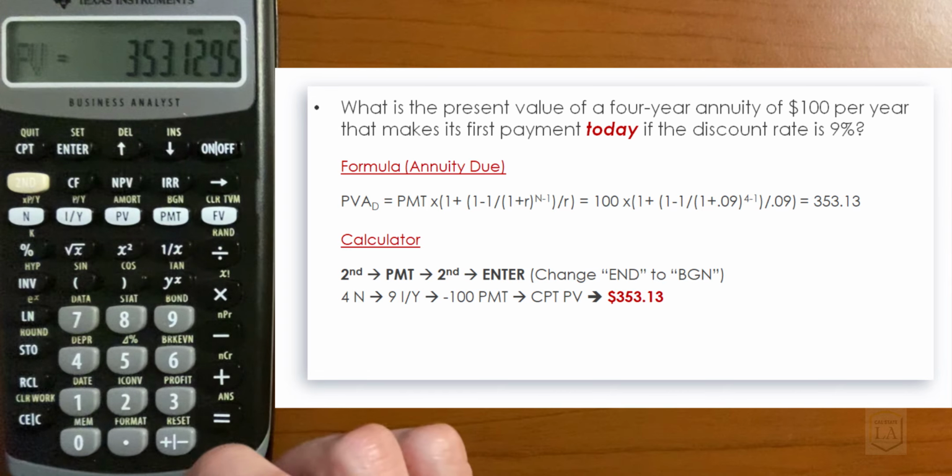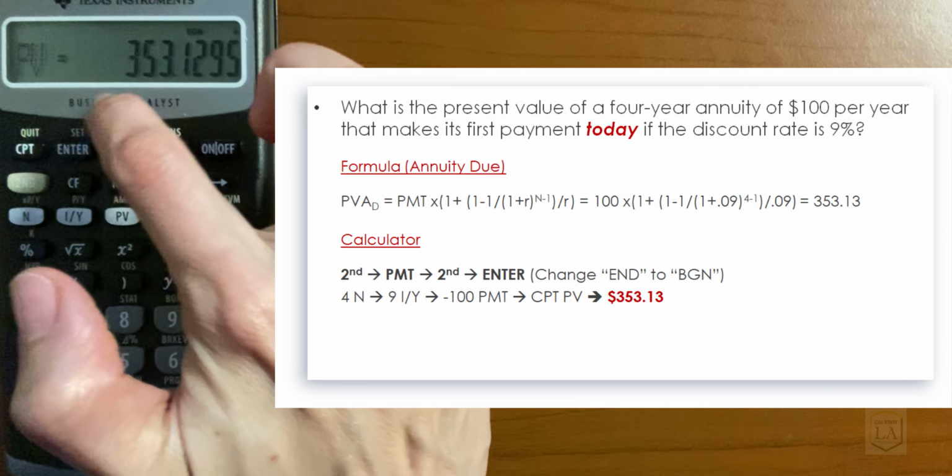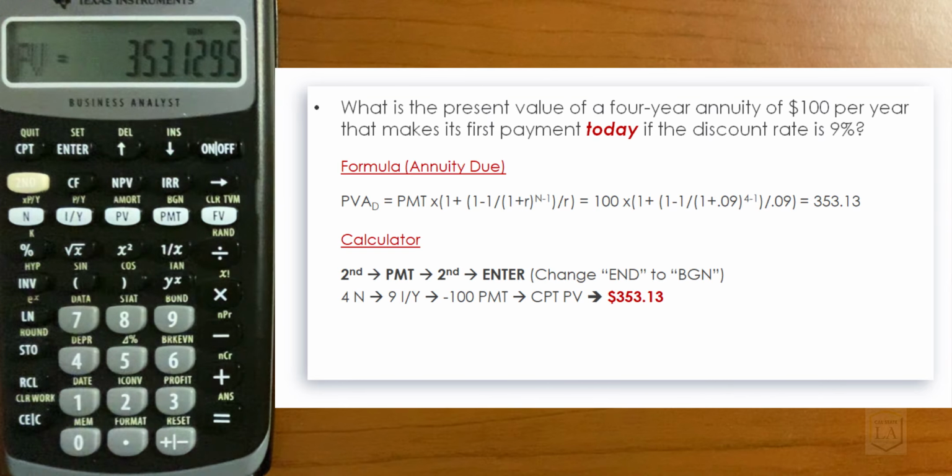This problem is actually identical to the first exercise that we did. The only difference is the earlier one was an ordinary annuity problem, whereas this one is an annuity due. You can see the answer here is 353.13, when the ordinary annuity question's answer was 323.